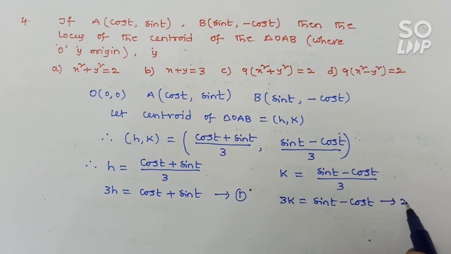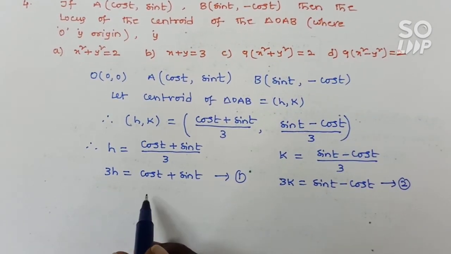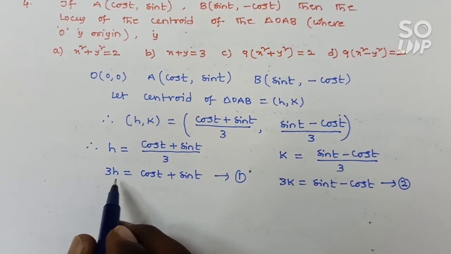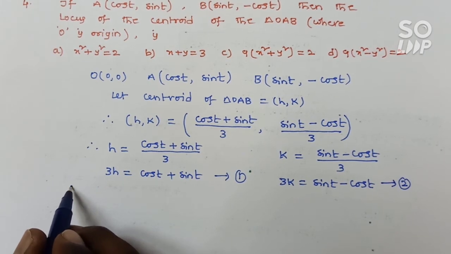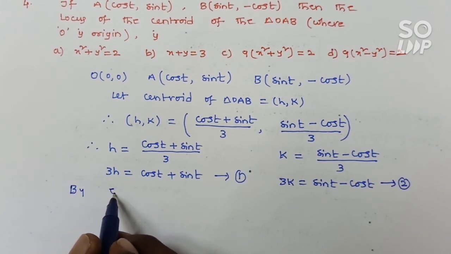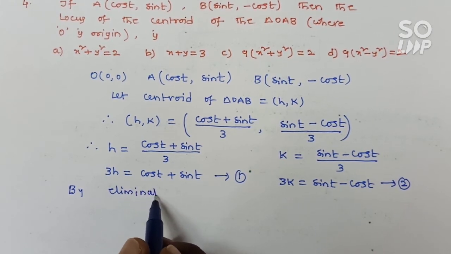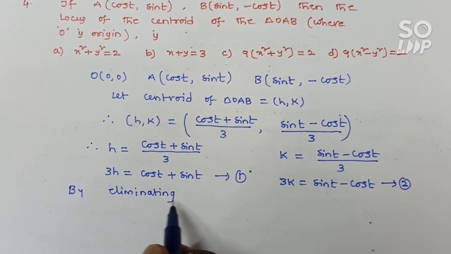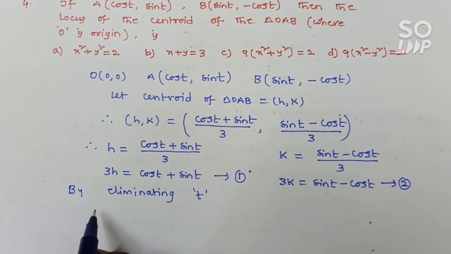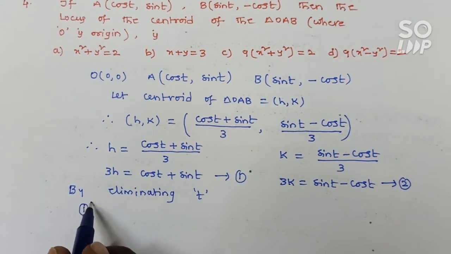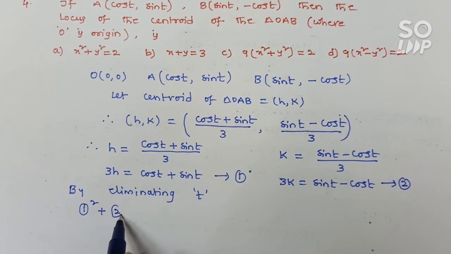Now here also we eliminate t. How can we eliminate t? Squaring both equations and adding. So by eliminating t, we take equation 1 squared plus equation 2 squared.